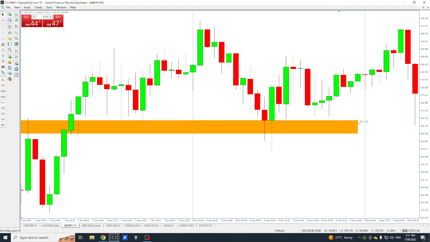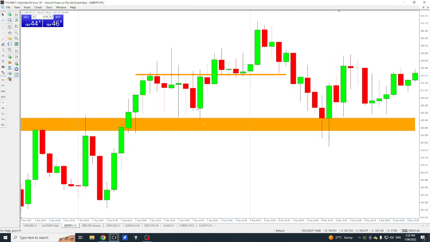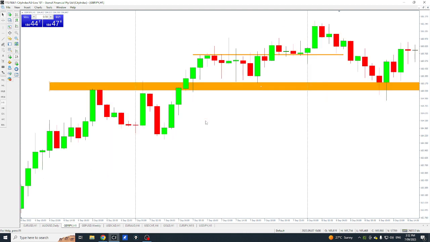If you extend this, here we made another base, as you can see, and we made a breakout, and then here we have a retest. None of these trades actually went that far, but I'll show you they already made 50 pips gain in one candle. If you take this entry, you would have around a 30 pips stop loss, and you would have gained already.